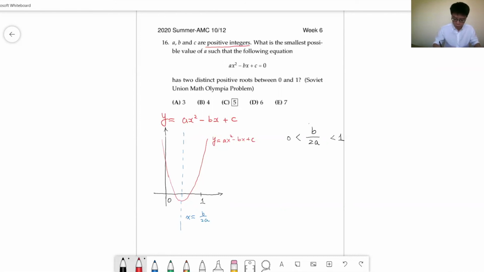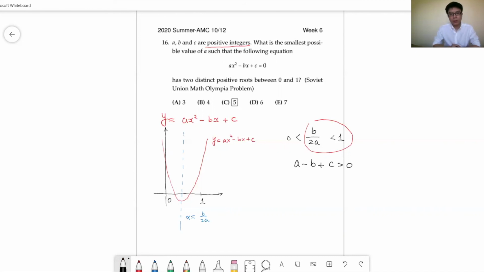That's something we should be careful about. Next, when x equals 1, the y should be positive, so a minus b plus c should be positive.